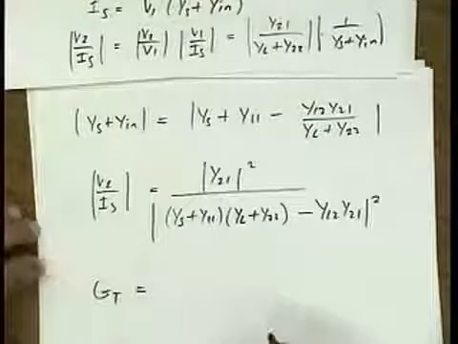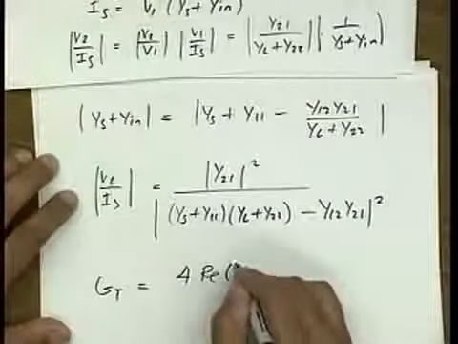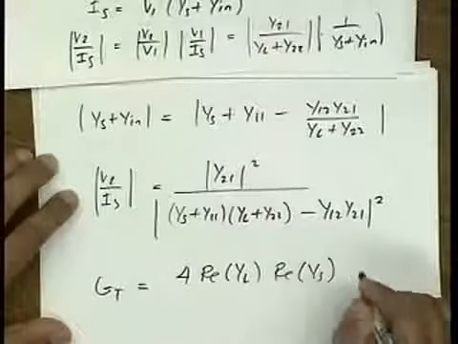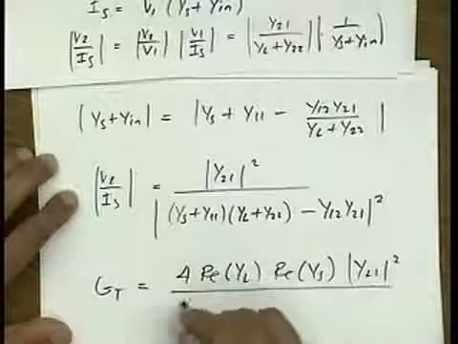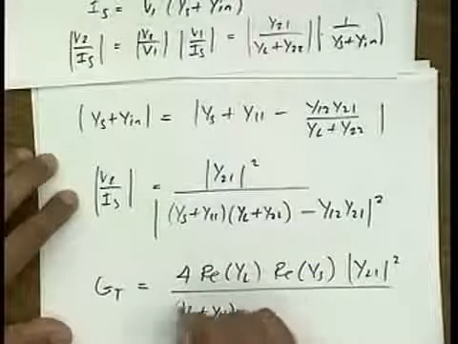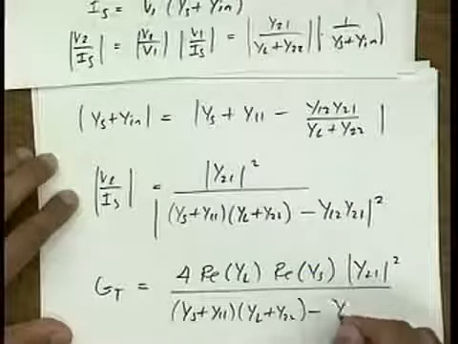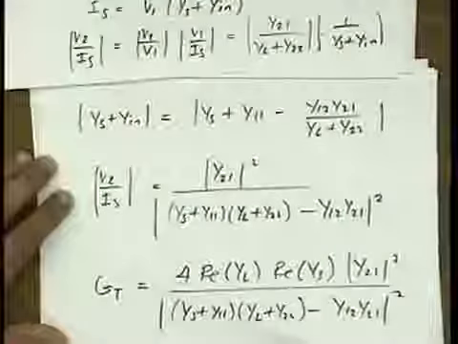And that means that if I write the transducer gain now using this, it's the same expression just multiplied by real part of YL, real part of YS, Y21 squared, divided by YS plus Y11 times YL plus Y22, minus Y12 Y21, all squared. Okay, big equation.